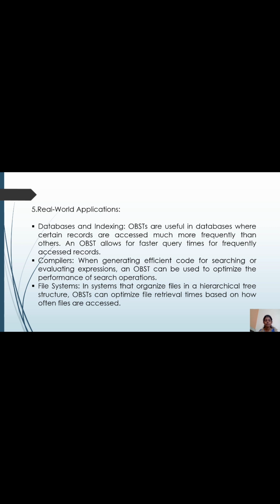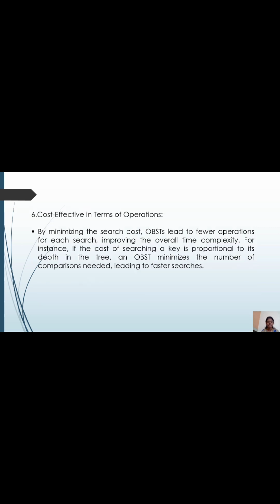File system. In systems that organize files in hierarchical tree structure, optimal binary search trees can optimize file retrieval times based on how often files are accessed. And the sixth one is cost effective in terms of operations.